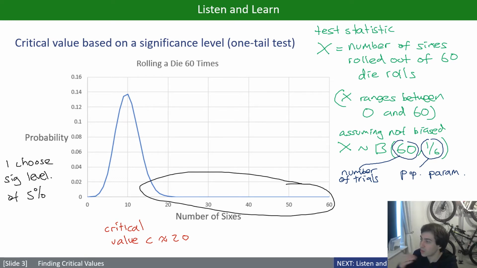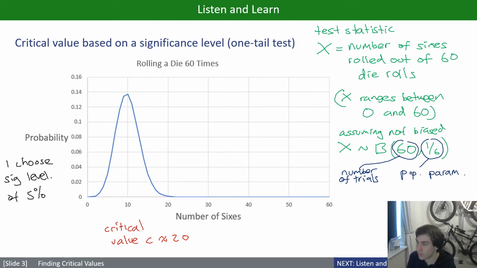You add all that up until you get 5%, and at the point you get 5%, you define the boundary as being the critical value. To be a bit more specific, we're basically going to say the probability that the random variable in this case is greater than or equal to my critical value is equal to 0.05, where that's the significance level.